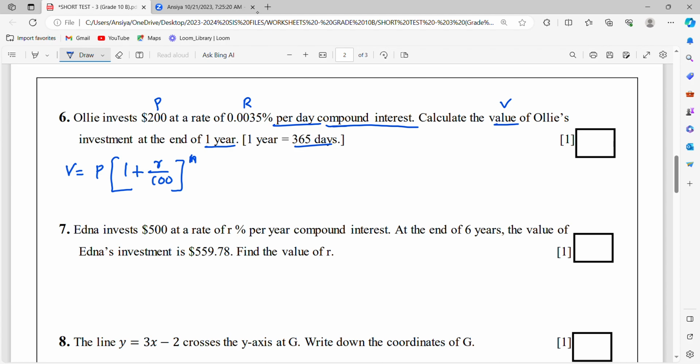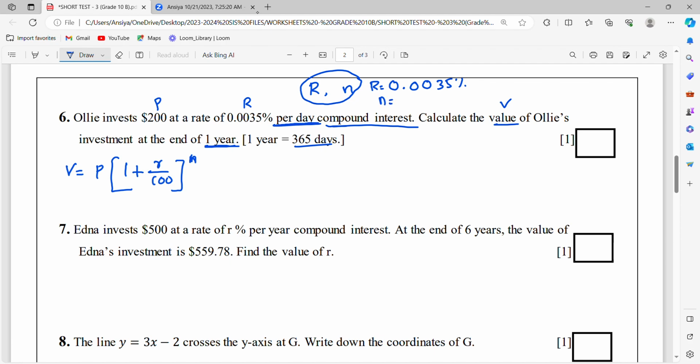Okay, so we can do this in two ways. If you are taking R in days, then n also should be in days. They should be in the same unit. So here R is given per day, but n is asked in years. Make sure both are in the same unit. So if you take R in days, it is 0.0035 percent. So R is equal to this.